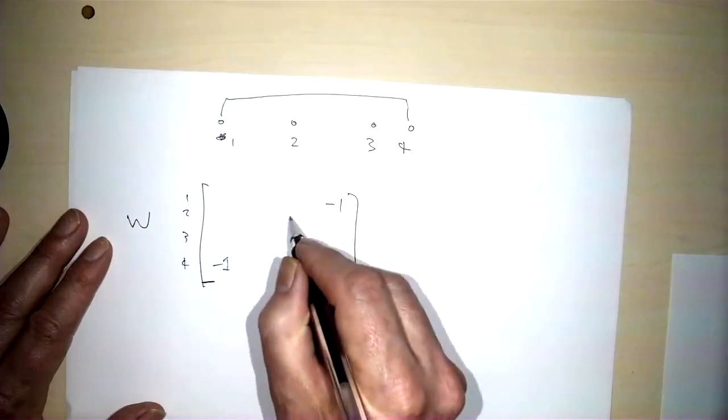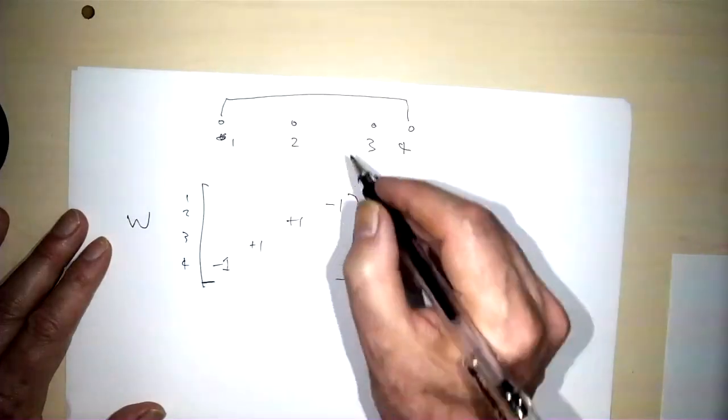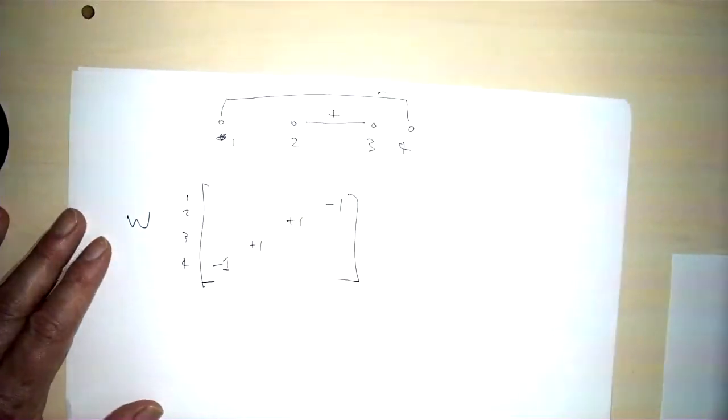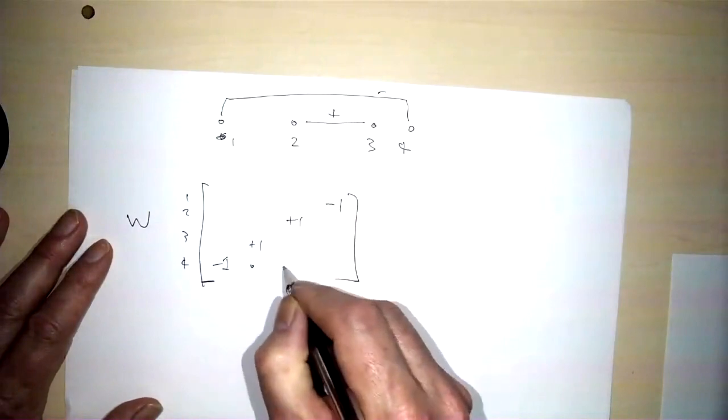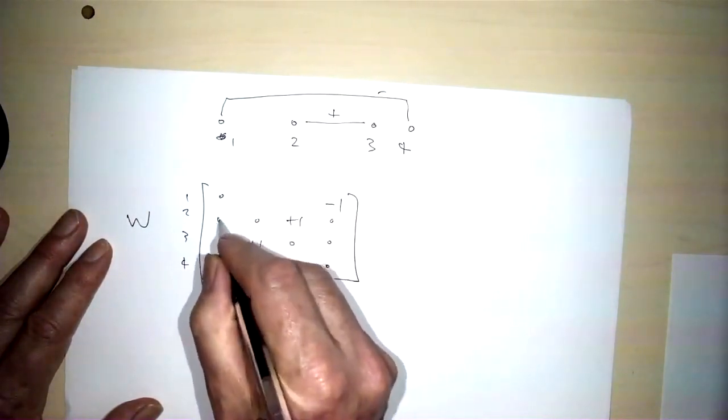And then if I had +1 here and +1 here, that would mean these two things are likely to be equal to each other. This is a very simple example. Let's say everything else is 0.